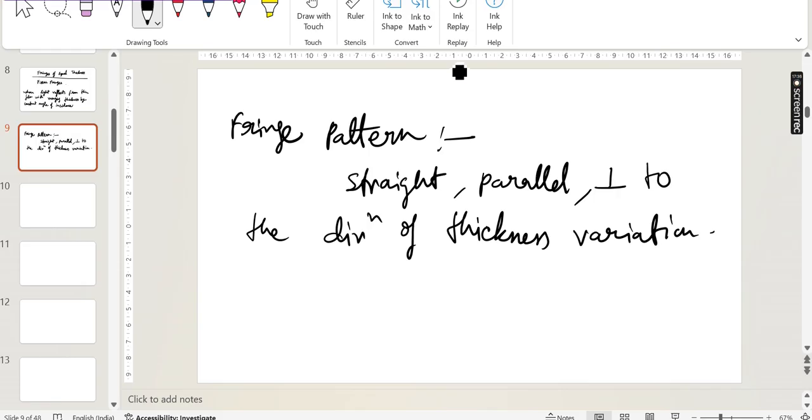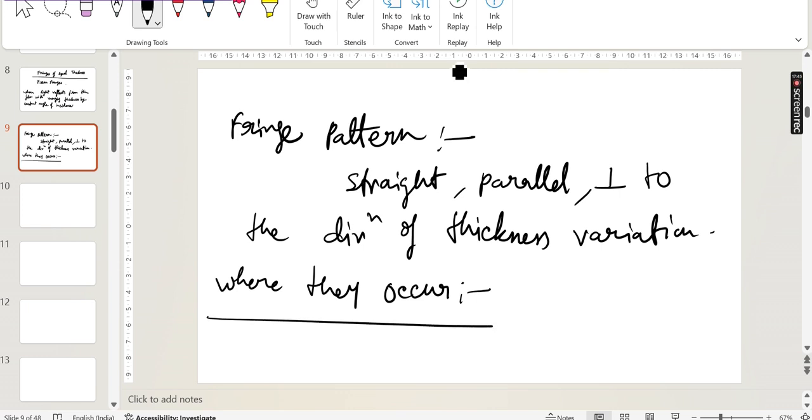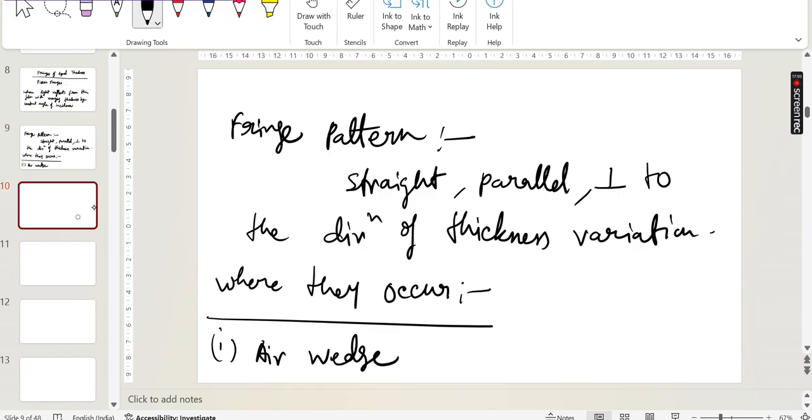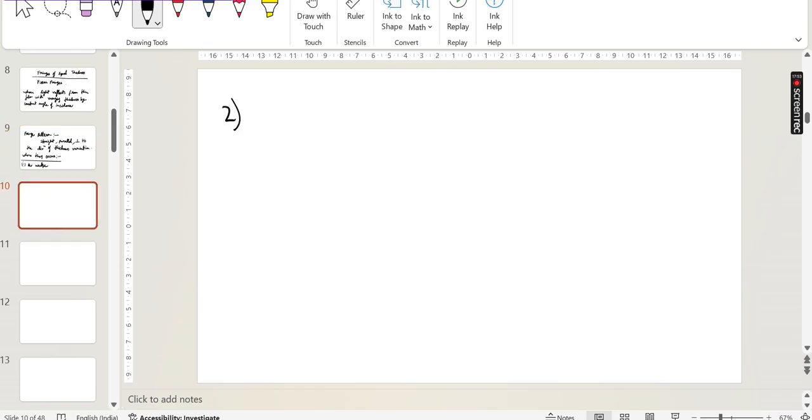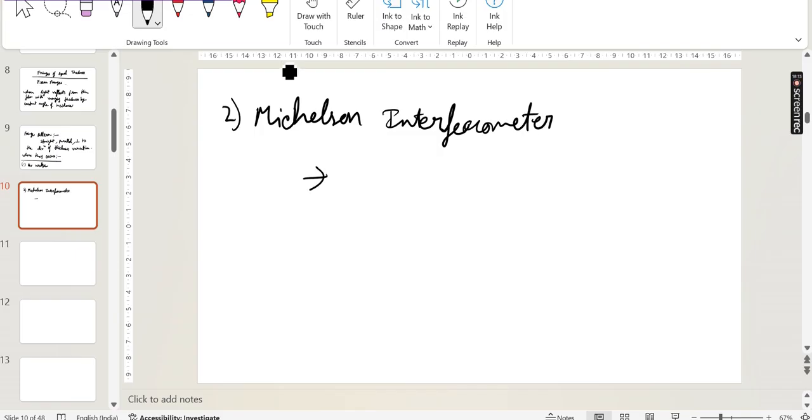And where do they occur? So in an air wedge or thin film, and the Michelson interferometer. Not all Michelson interferometer fringes are fringes of equal thickness. It happens when the mirrors are inclined at a small angle.